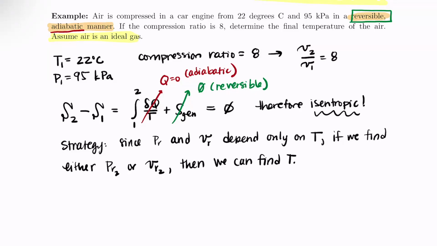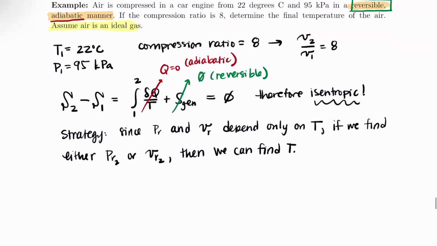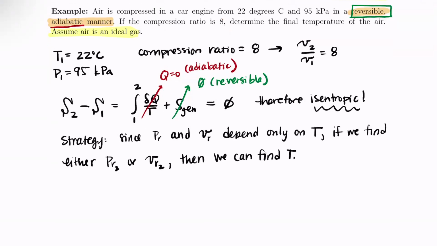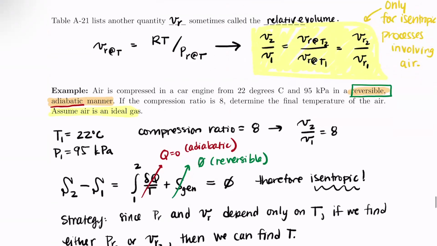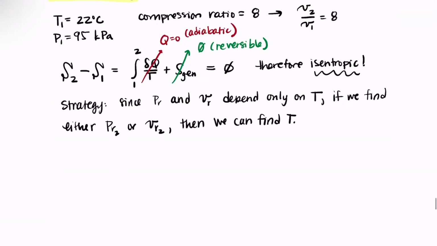Okay. So since we're given our compression ratio, I would suggest that we use the VR equation. So we're going to use that V2 over V1 is equal to VR2 over VR1. We want to find VR2, so I'm going to solve this for VR2.